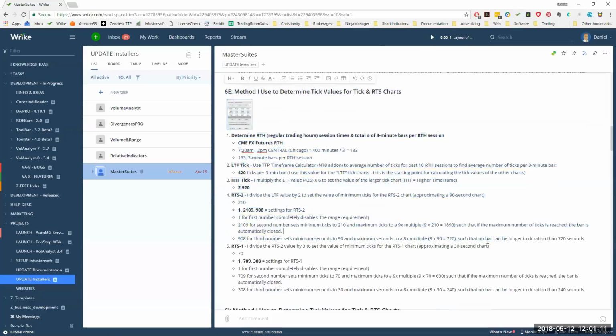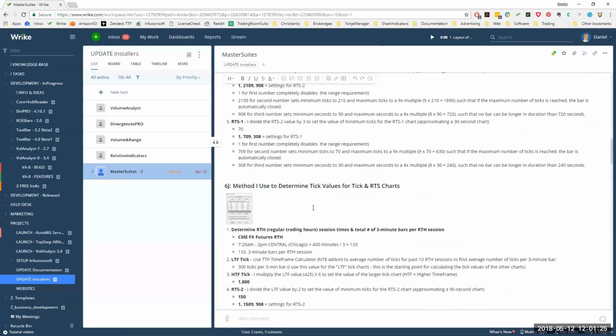So I think that's probably what accounts for the difference in the number of ticks in the overnight and the day session. So each market, even the FOREX futures, has an RTH session. And each one of them I've listed out here for you.